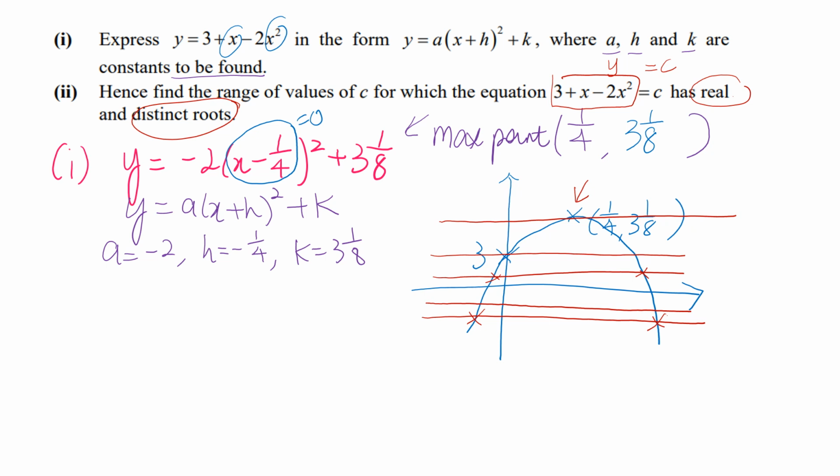So therefore, this value of c has to be strictly less than 3 1/8. Basically, any value that's less than 3 1/8 will give me 2 intersection points. So the answer for part 2 is c must be less than 3 1/8.